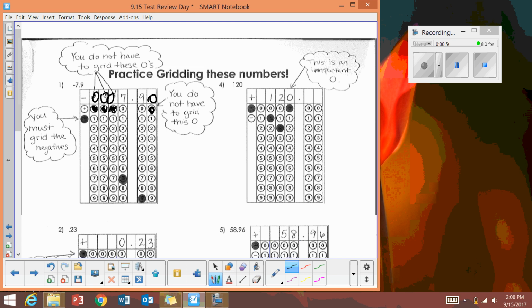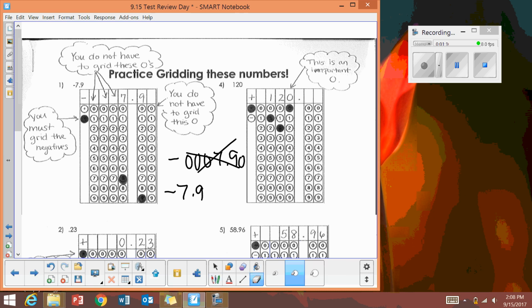The computer's not going to mark it wrong. However, that's a waste of time because in real life, we do not write numbers as -0007.90. That's not how we write numbers in real life. We would just write it as -7 and 9/10. So that's all you have to put in on the griddable when you grid this.